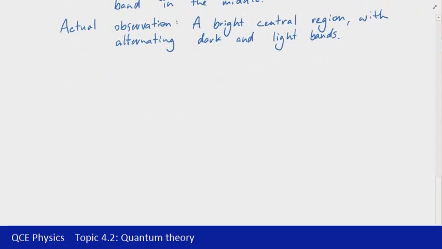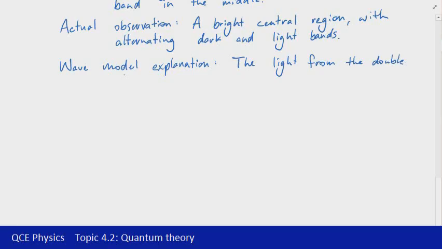The only way that could be explained, as Young identified, is that light is behaving as a wave. So the ways to interpret those observations are as follows. The first thing to identify is that the light from the double slits consists of coherent light, and when we say coherent, what we mean is that it has the same frequency.